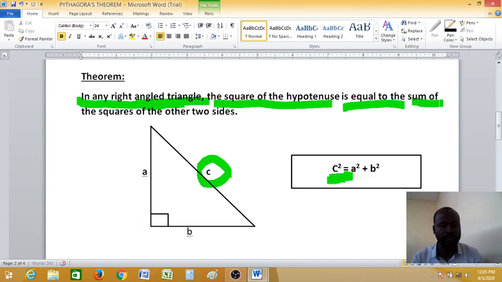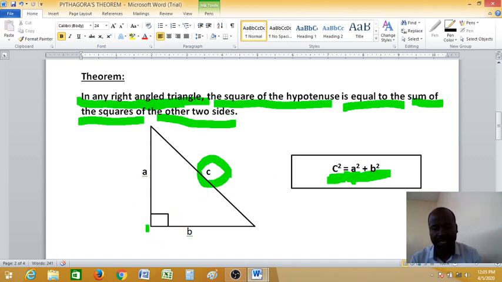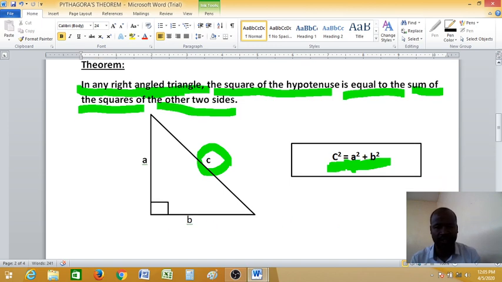the sum, that is, the addition of two addends, of the squares of the other two sides. The other two sides are a and b. So the sum of the squares of a and b is equal to the hypotenuse square, which is c square. Here the hypotenuse is c, opposite to the right angle, and a and b are the two legs of this right-angled triangle.